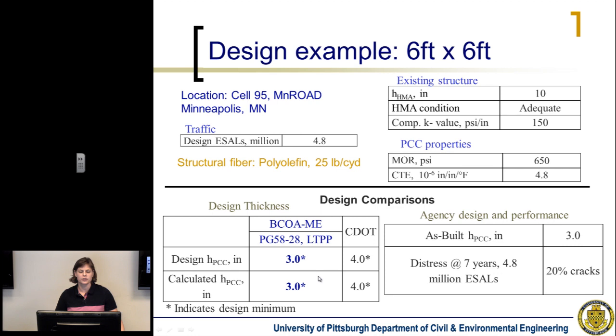So when the design procedure considered a structural fiber, the BCOA-ME then predicted a 3-inch overlay thickness. The Colorado was predicting 4, and then the as-built was 3. So we had 20% cracking, pretty much failure at 4.8 million easels, and so we had a pretty good prediction here.